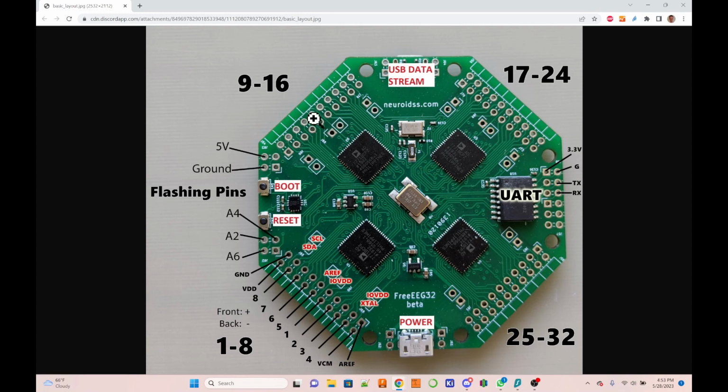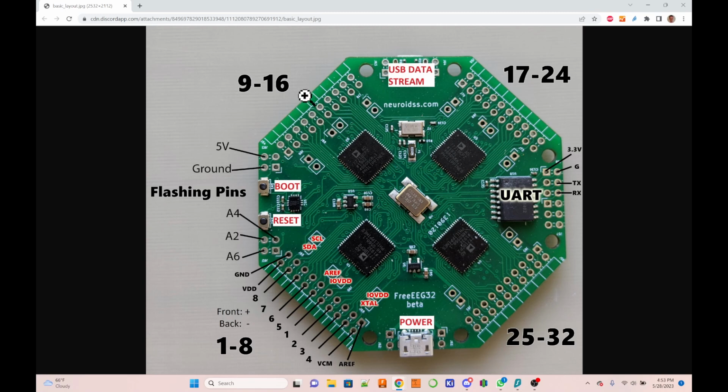And the way the numbering works, like this one right here, so we have in total 10 holes here. The outer holes are VCM and the power supply for other functions, for active electrode, for example. So the inner 8 holes here are the actual 8 channels that we have.